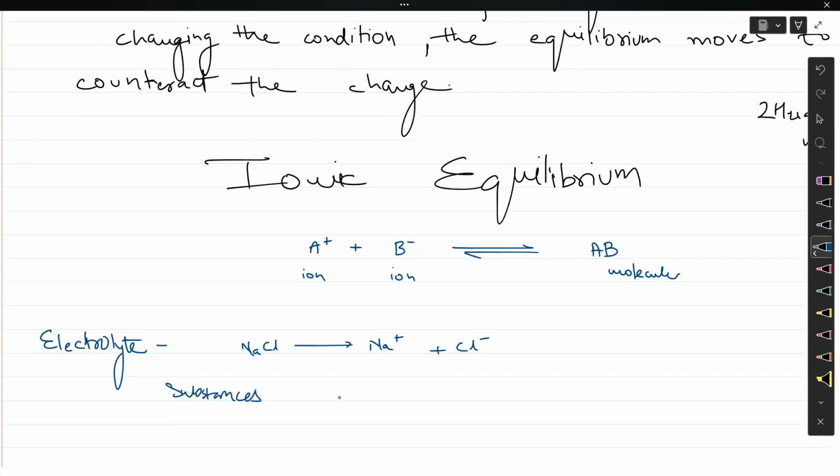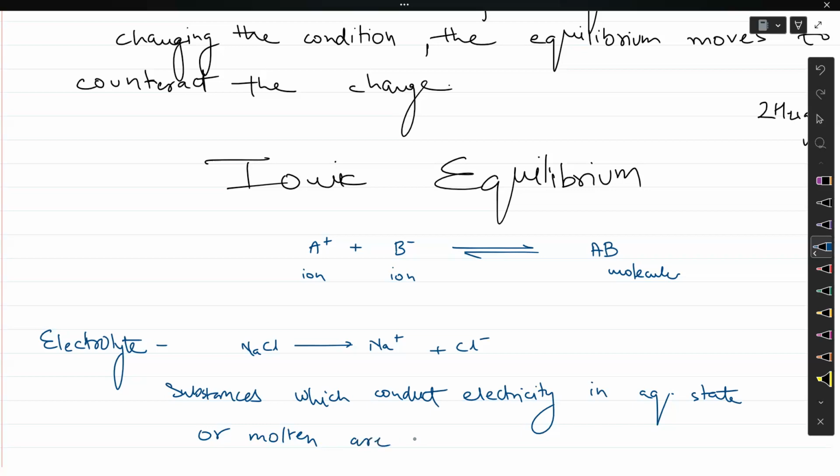तो इलेक्ट्रोलाइट होता क्या है? Substances which conduct electricity in aqueous state or molten state are known as electrolytes। ठीक है। So when we put this in water, that dissociates.